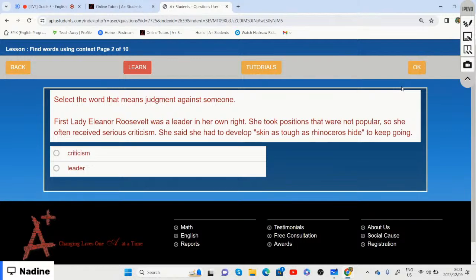If we select the correct one, we will choose criticism, because a critic is basically giving your opinion or idea on somebody or something. It's a form of judgment depending on how it is being said.